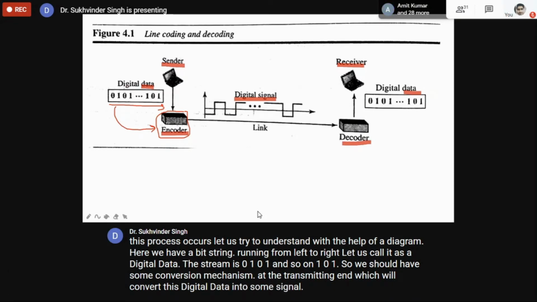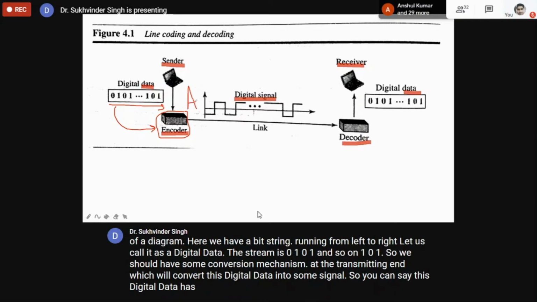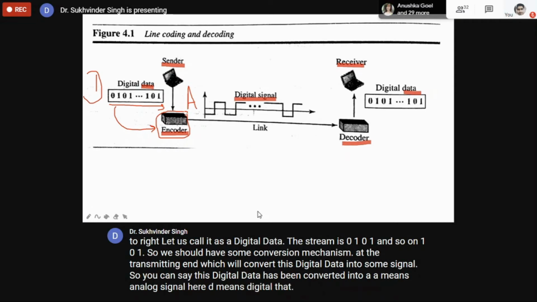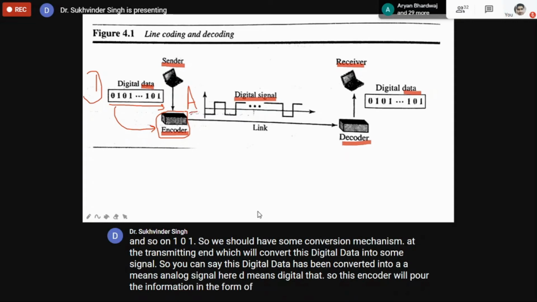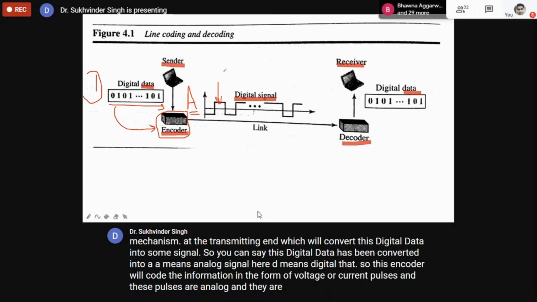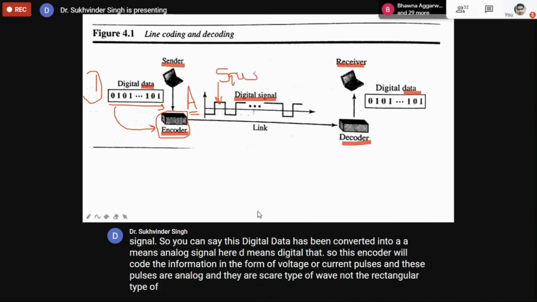So you can say this digital data has been converted into A. A means analog signal here, and D means digital data. This encoder will code the information in the form of voltage or current pulses. These pulses are analog and they are square type of wave, not the rectangular type of wave. Why not rectangular? We have already discussed.